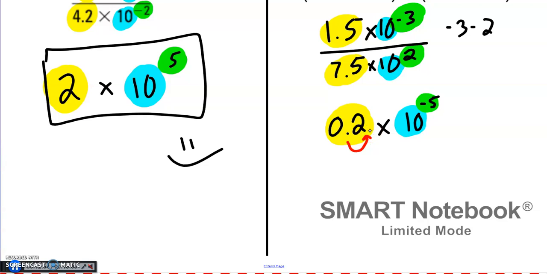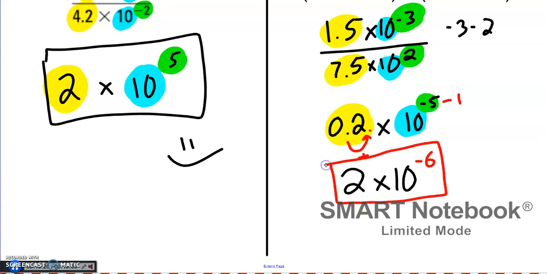If I'm moving it to the right, that means I need to subtract 1 in the exponent. Think about this as going in a positive direction, and we have a negative direction. So they offset. So now we rewrite our final answer. We get 2 times 10 now to the negative 5 minus 1, which is negative 6. And that's our final answer.